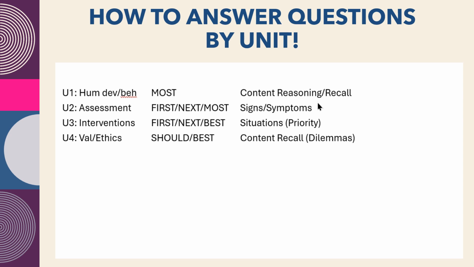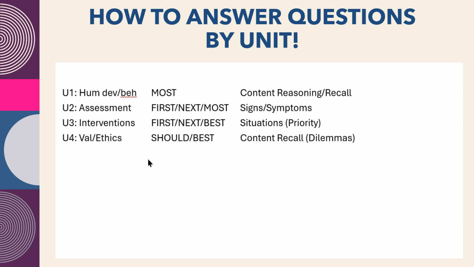I am going to show you an example for each of the units, but just know that this is where you're going to see a lot of your what is most likely this, what is most likely that type of questions. Now, most questions are a bit more difficult to answer because these are the types of questions where they will put several correct answers and you have to prioritize them by level of importance to answer which one would be the most likely.